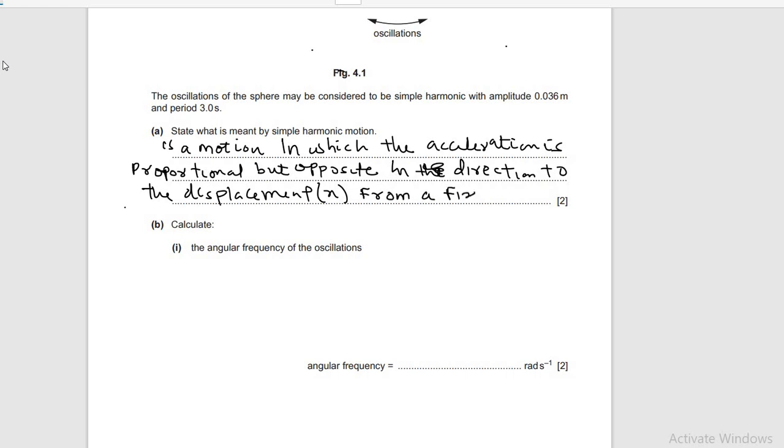Fixed point or equilibrium position or undisturbed position. That's it.